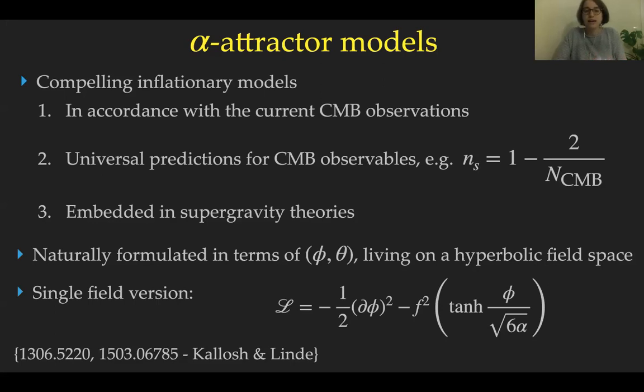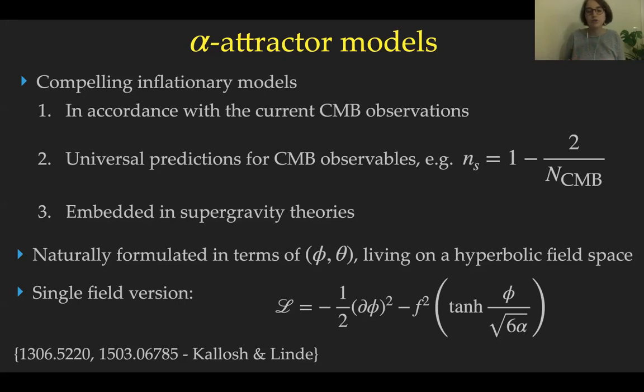Alpha-attractor models are naturally formulated in terms of two fields, a radial field phi and an angular field theta that live on a field space with a hyperbolic geometry. Usually during inflation, it is possible to stabilize the angular field theta.